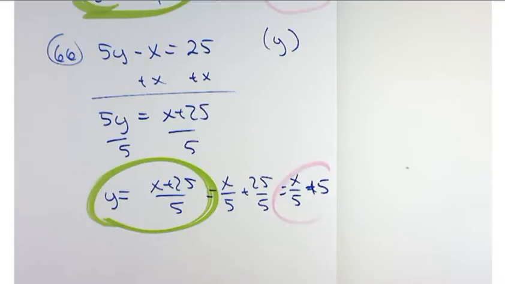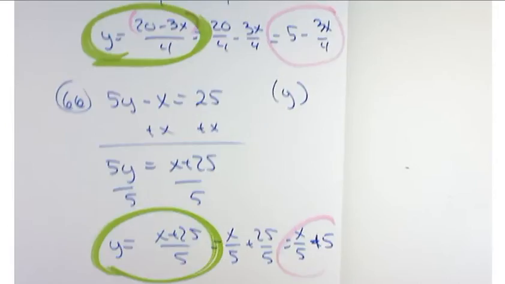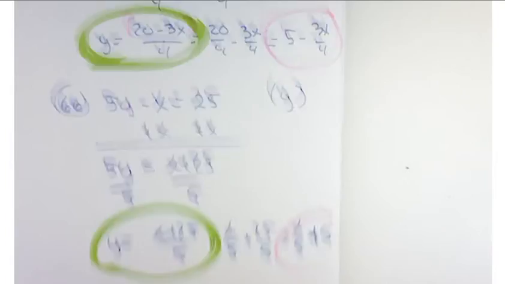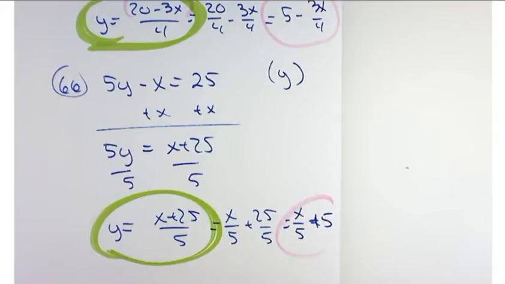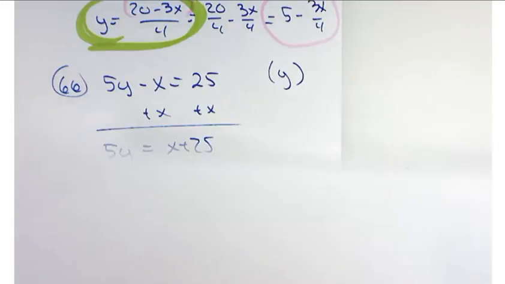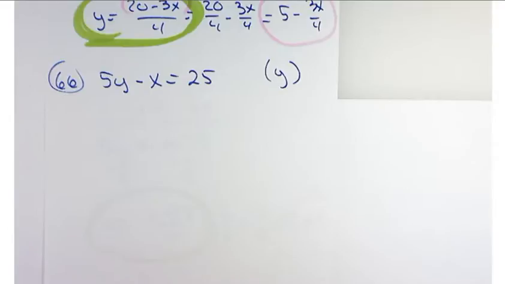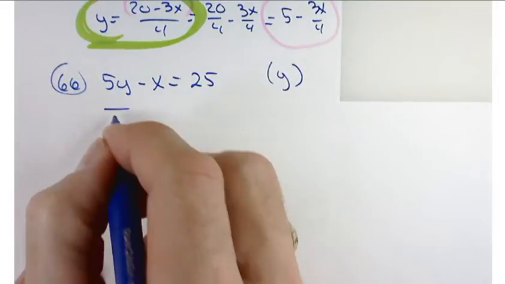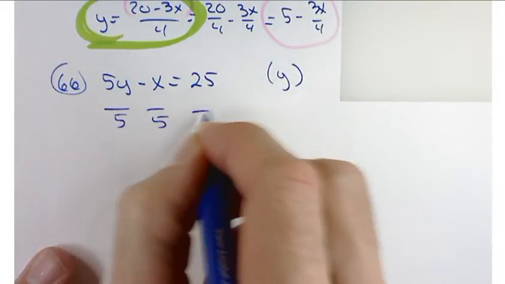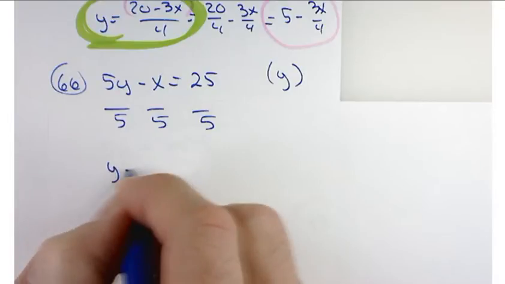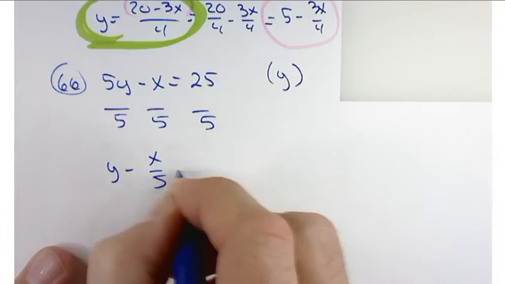Yeah. So, in the beginning, all the way in the beginning, what if we leave this y on the y side and we take off the 5, then take the 5 from the... Sure. You could do that. That's another way to work this. If you start by dividing everything by 5, like this, you're going to get y minus x over 5 equals 5.